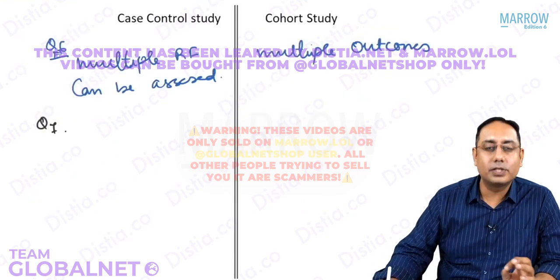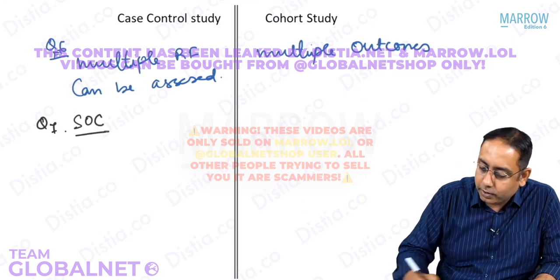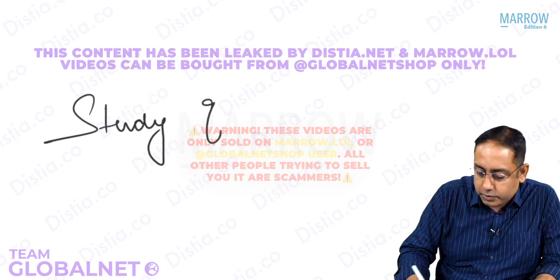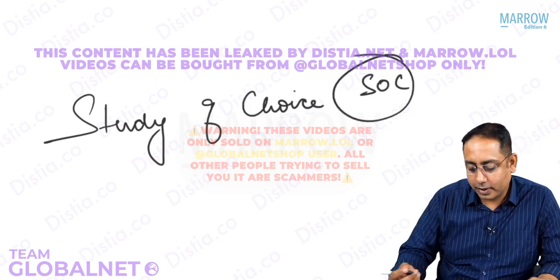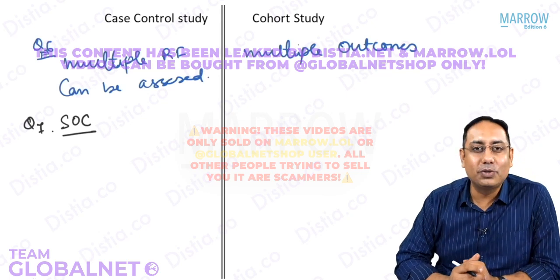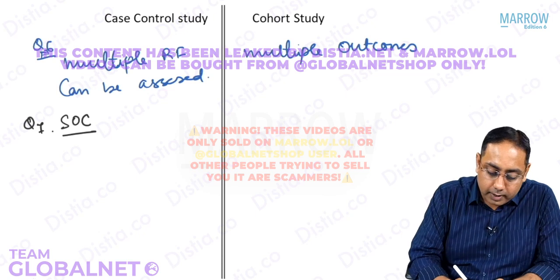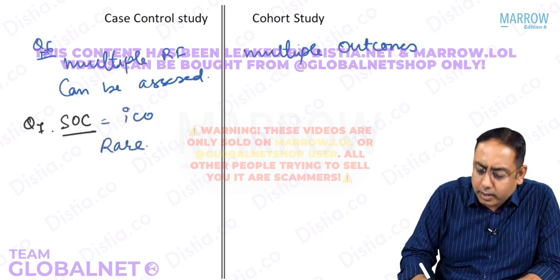But case control study is a study of choice for what? SOC stands for study of choice. I'm just writing it short, right? So SOC for the case control study is, in case of rare diseases or rare risk factors.